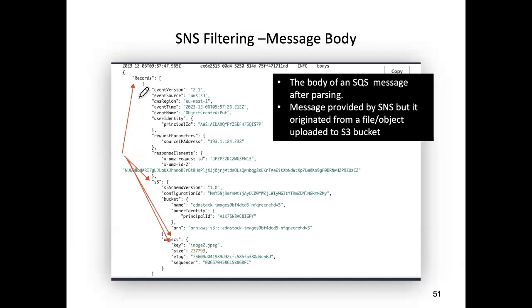And so we can see it's a nested object structure. At the very top is a key called records, and further down there is a key called S3. And deeper again, within the S3 object, there is a key called object.